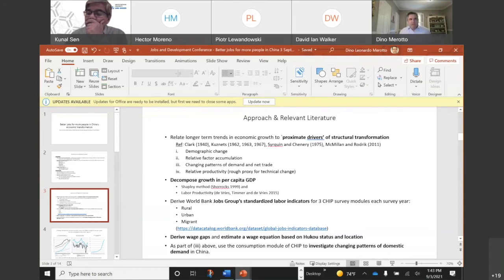So we decompose per capita GDP. We use a Shapley method that is in a paper by Shorrocks to get to the productivity coefficients, and within the labor productivity coefficients, we use the decomposition method of de Vries, Timmer, and de Vries.